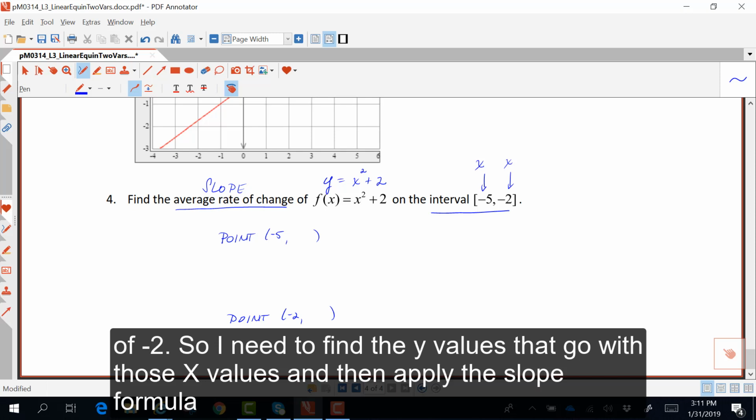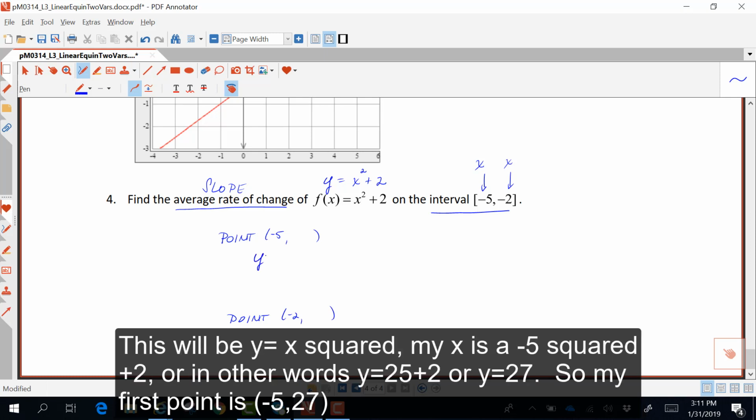So I need to find the y values that go with those x values and then apply the slope formula. Well, this is going to be y equaling x squared plus 2. My x is a negative 5, so y equals 25 plus 2, or y equals 27.